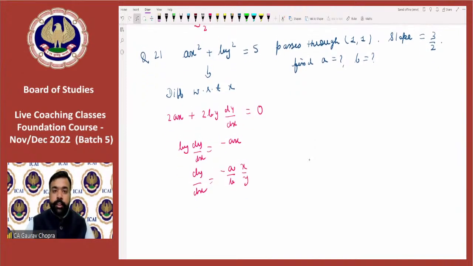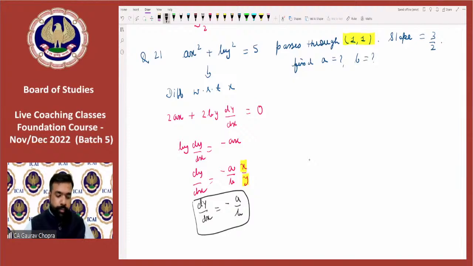Now since it is passing through 1 comma 1, the x coordinate is 1 and y coordinate is also 1. So we will simply get dy by dx is equal to minus a upon b. And since the slope is also equal to 3 by 2, that means minus a by b is equal to 3 by 2.